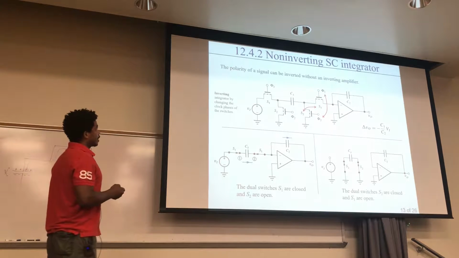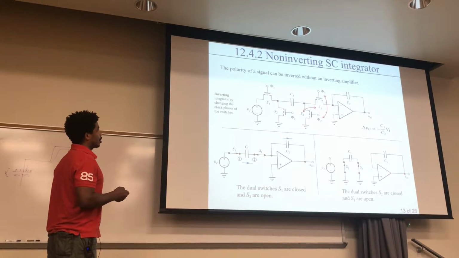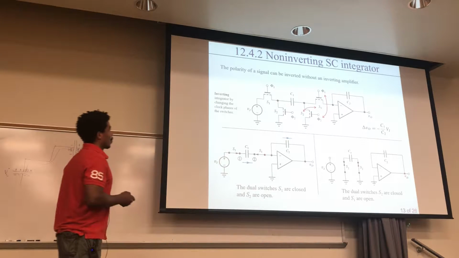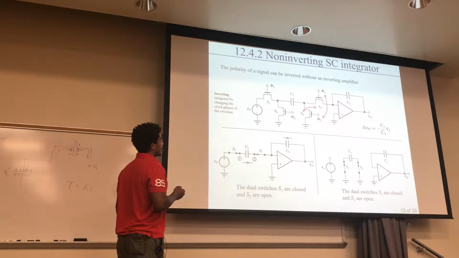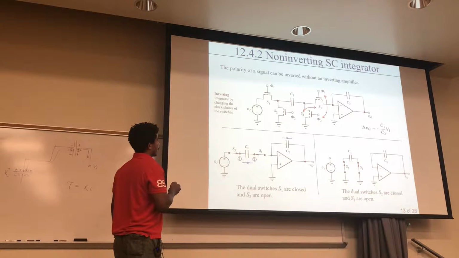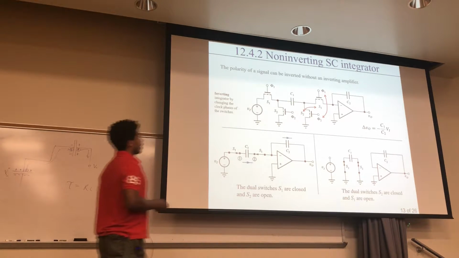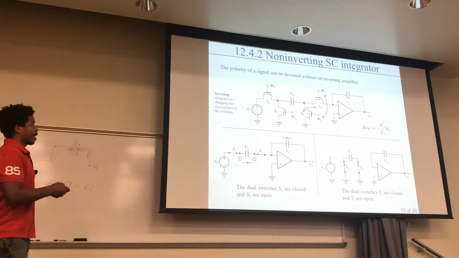So if you took the same circuit and you switched the switches, where, remember, this one used to be S1, now we're going to make it S2. And this switch used to follow S2, but now we're going to make it follow S1. So S1 over here, and this is now S1. So these two are now simultaneous. They're dual switches. And now these two are the duals. Okay? So all you did was just change these two around right there.